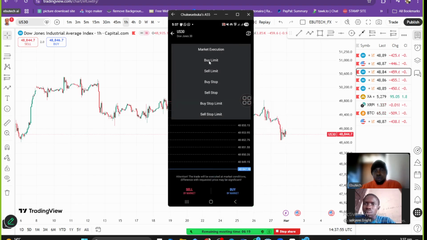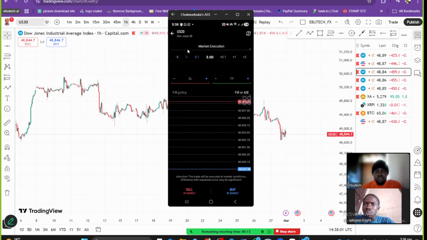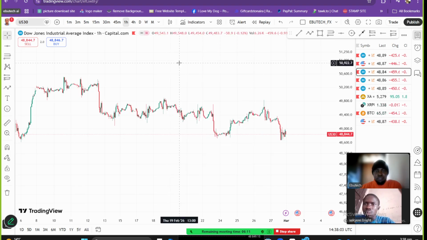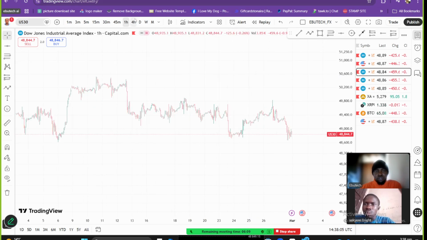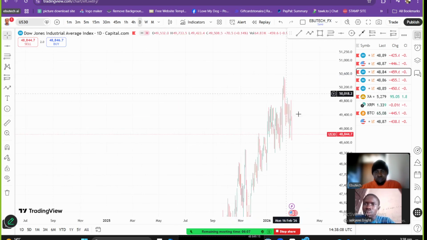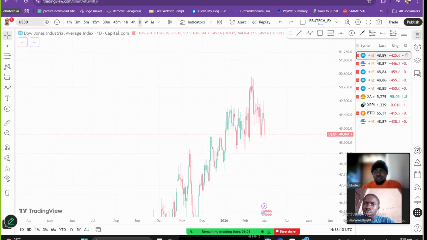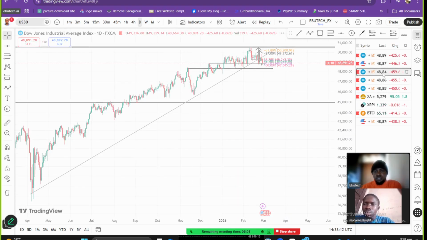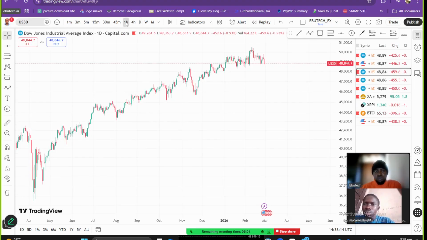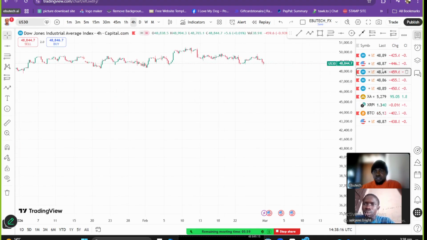So now, what buy limit means is you want to set an order that, for instance, when this market gets here, here is our data analysis.